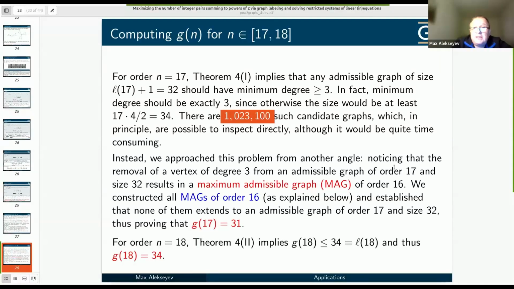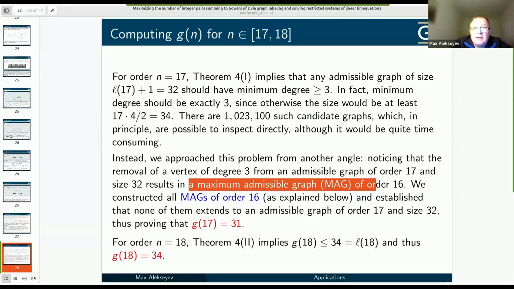Namely, we noticed that the removal of a vertex of degree 3 from our admissible graph of order 17 and size 32 would result in what we call a maximum admissible graph of order 16. And therefore, if we have all maximum admissible graphs of order 16, then we can simply try to add back this vertex of degree 3 in all possible ways and verify whether we can get an admissible graph this way.